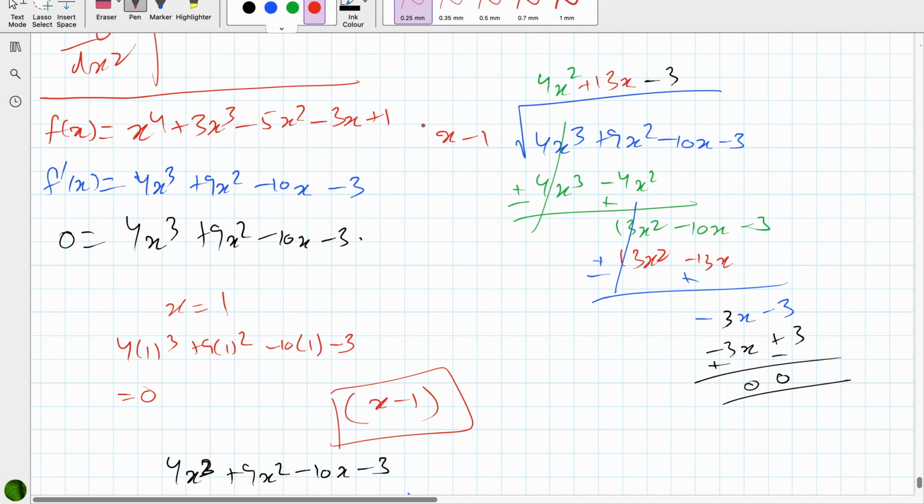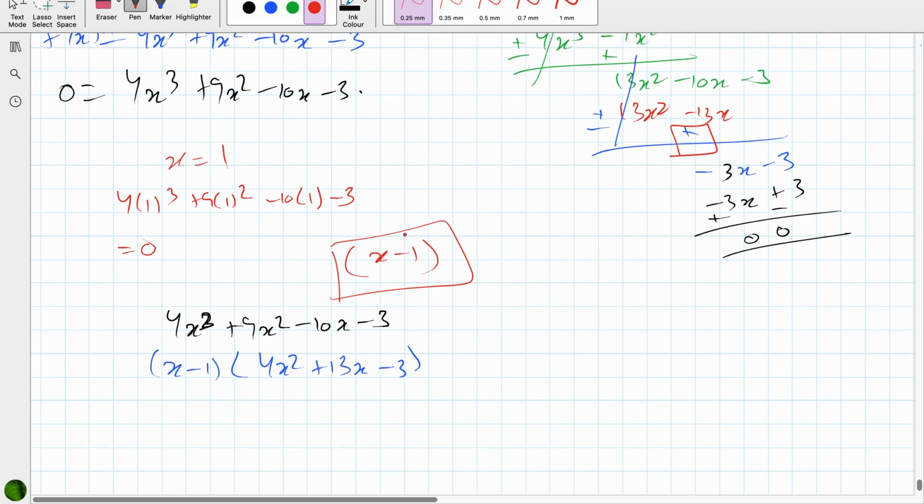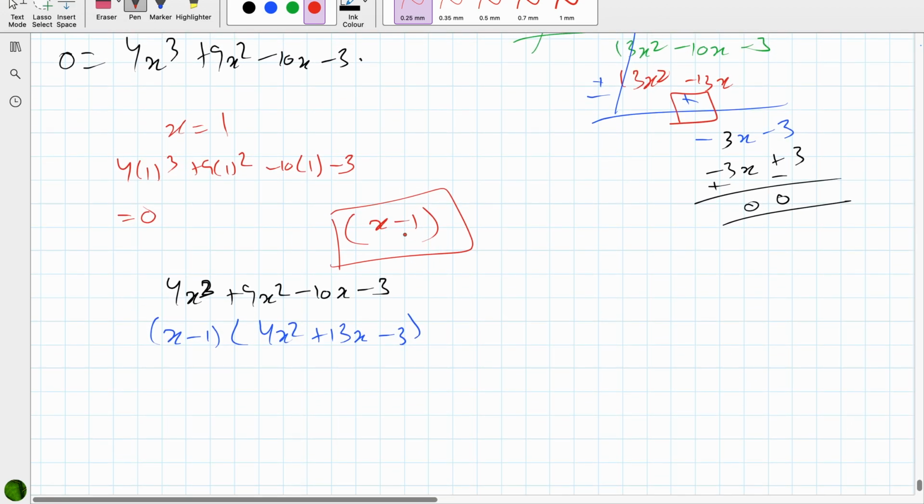We change the signs and then we add them. That is negative 10 and positive 13. Now you have a linear and the other is quadratic. 4 3 times is 12, so 4x square. This should be positive and this should be negative.